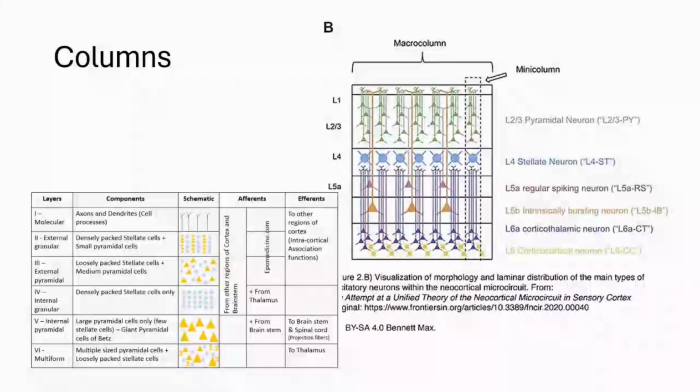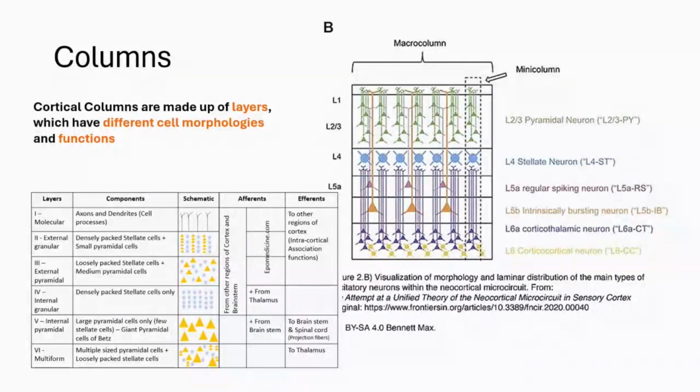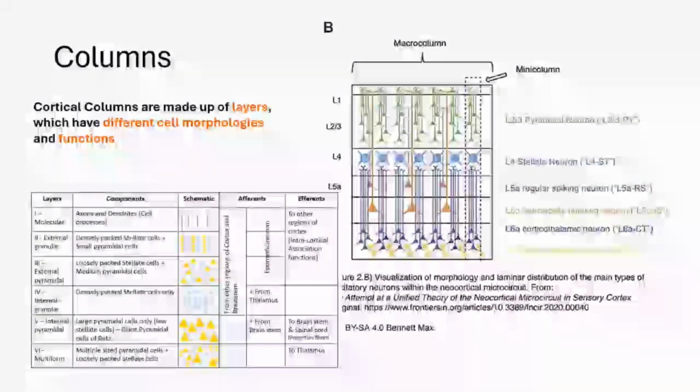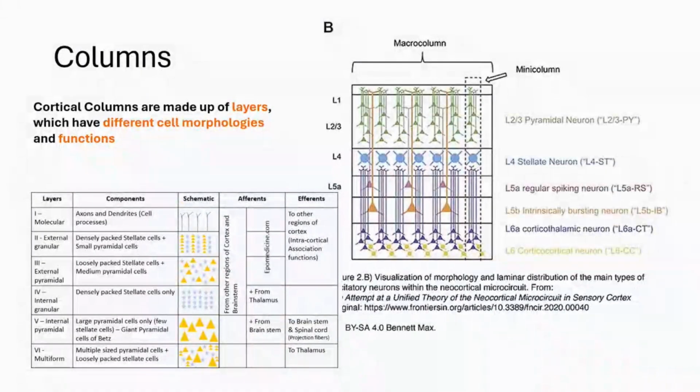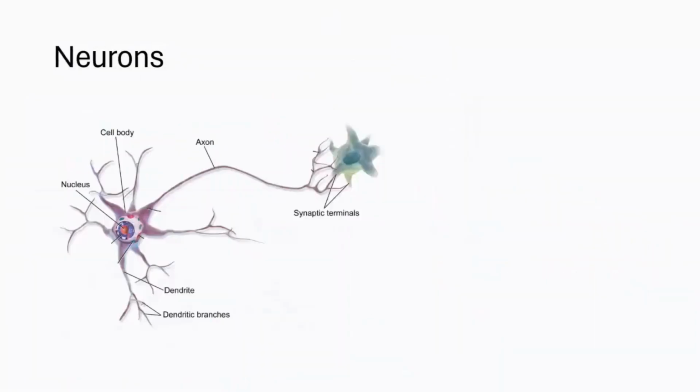You can see that all of these different ones contain different types of functions. You don't need to learn them or anything. But basically, cortical columns are made up of different layers, which have different cell morphologies and do different sorts of functions. We will be discussing these a little bit later when we get on to psychedelics.